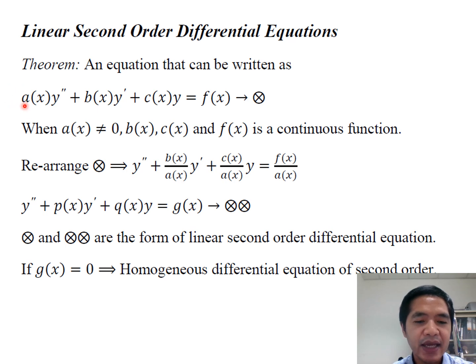When we have a(x) y double prime plus b(x) y prime plus c(x) y equal to f(x), where a(x), b(x), c(x), f(x) are functions of x only, we can rearrange it into this star equation, which is y double prime plus b(x) over a(x) times y prime plus c(x) over a(x) times y equal to f(x) over a(x), or in another form, y double prime plus p(x) y prime plus q(x) times y equal to g(x).